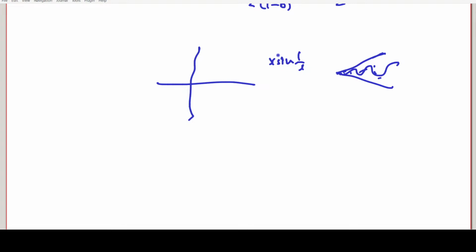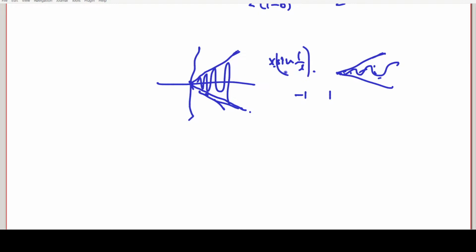Now x sine 1 by x. Sine 1 by x, whatever you do, is always between minus 1 and plus 1. So x sine 1 by x should always lie between the line x and the line minus x, both going towards 0.